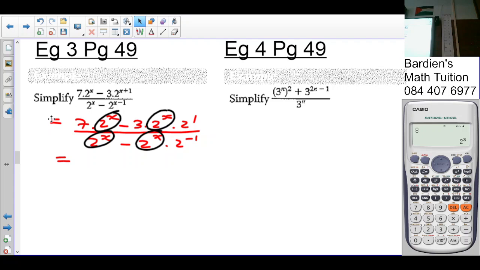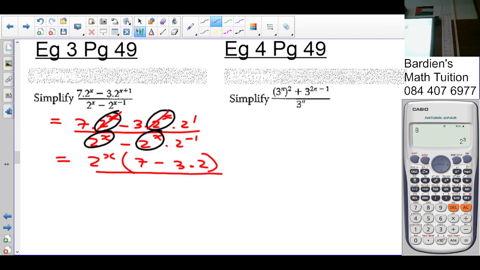So what do we get? 2 to the x as a common factor, and I'm left with 7 minus 3 times 2 over... We took 2 to the x out. If we take 2 to the x out in the denominator, what are we left with? 1 minus 2 to the negative 1. Right? What can happen now?